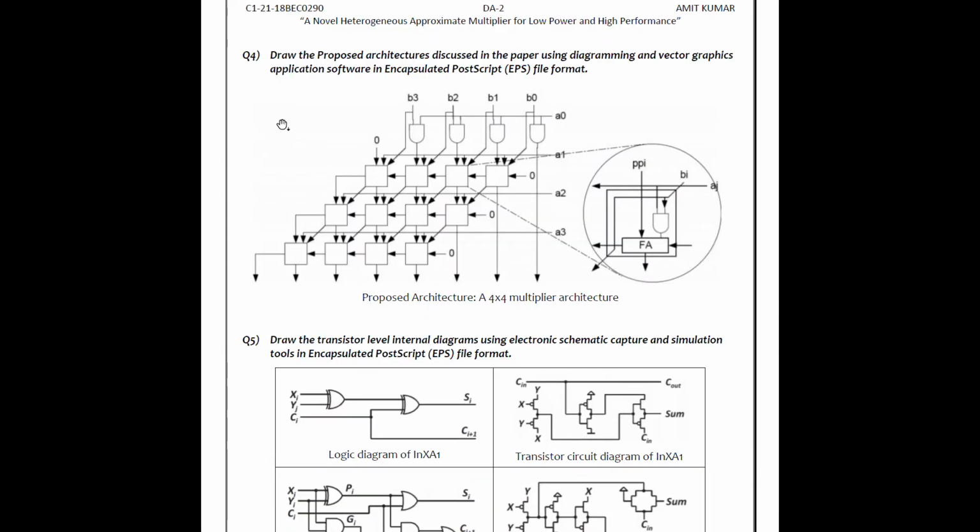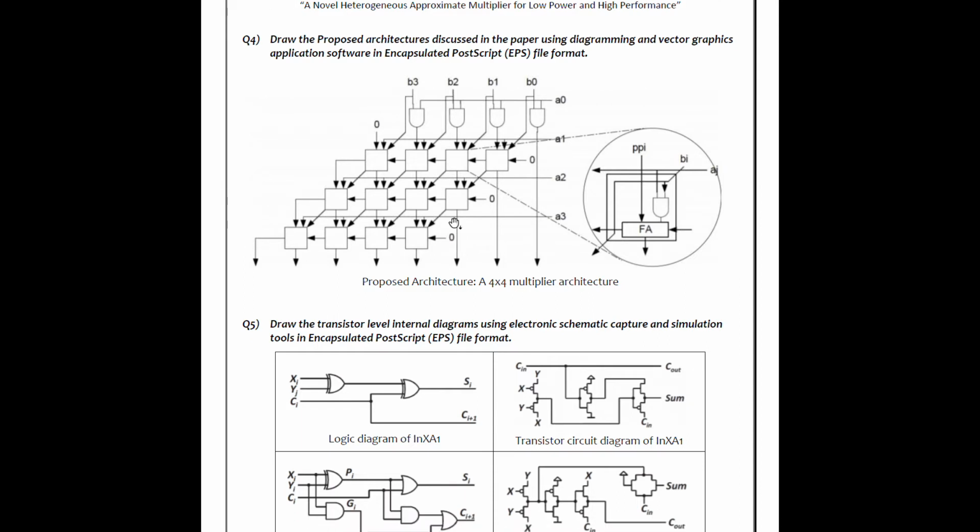And the fourth question was to draw the proposed architecture discussed in the paper that I chose, that is the novel heterogeneous approximate multiplier for low power and high performance. The tool again I have used is draw.io, which is again a very simple tool. You can see the structure.